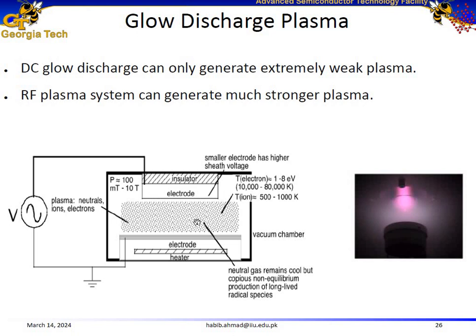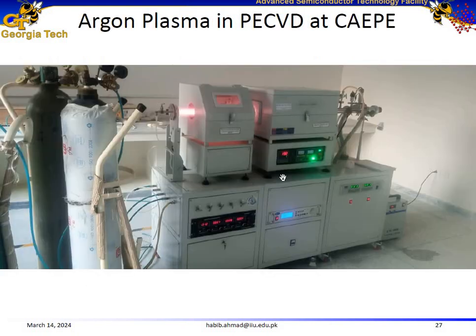This plasma actually has different colors depending on the gas type. For example, here is a plasma enhanced chemical vapor deposition equipment here at our Center for Advanced Electronics and Photovoltaic Engineering.